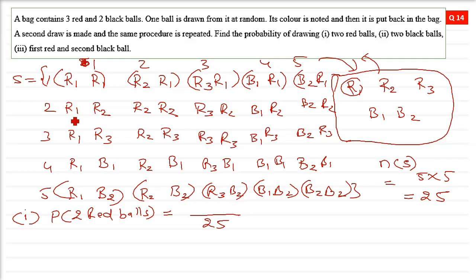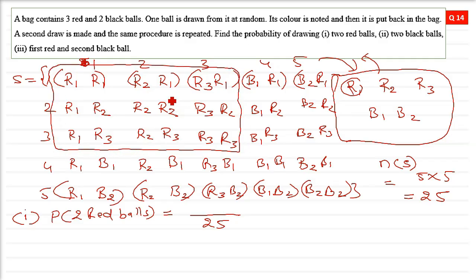So if you see this, R1 R1, R1 R2, R1 R3, R2 R1, R2 R2, R2 R3, R3 R1, R3 R2, R3 R3. All of these are red balls in tandem. First red ball, the second also comes out to be a red ball. So this boundary which I have just made represents 9 elements. So 9 by 25 is the probability of 2 red balls.